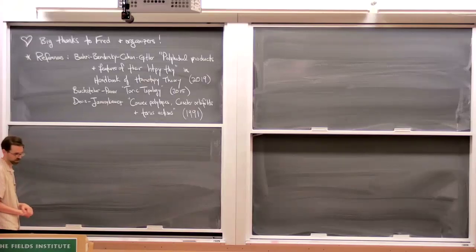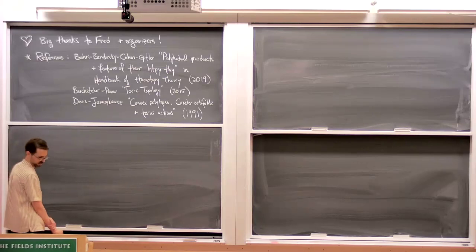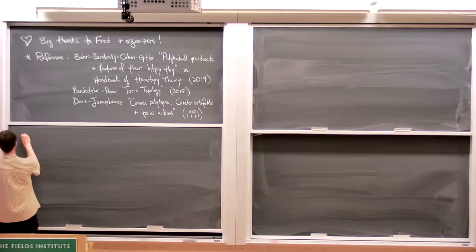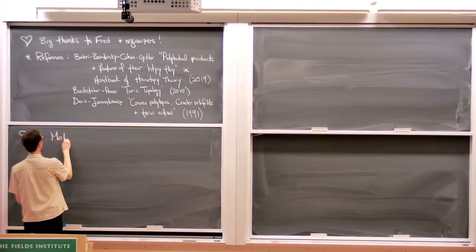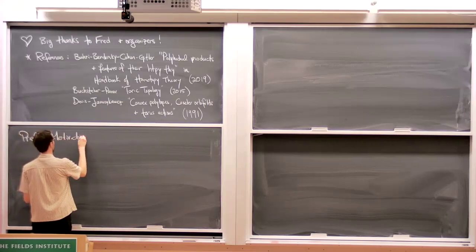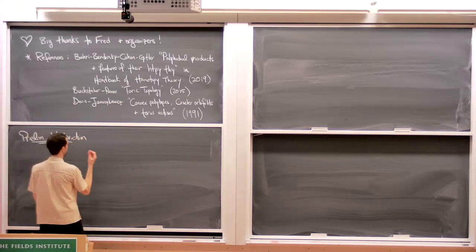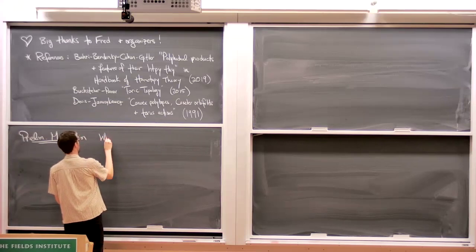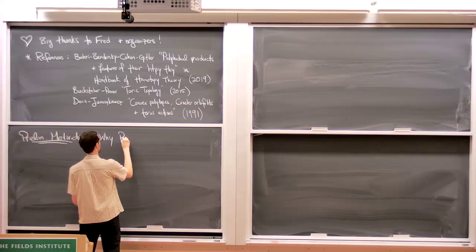So today will, I think, just be about polyhedral products in toric topology as they arise in that subject. And so some preliminary motivation maybe for definitions. It's just why study, or why care about, polyhedral products?